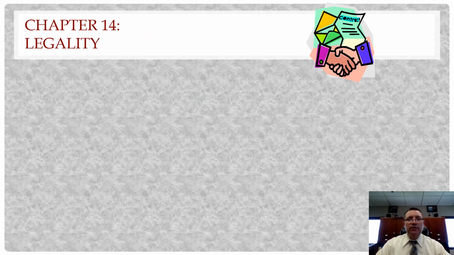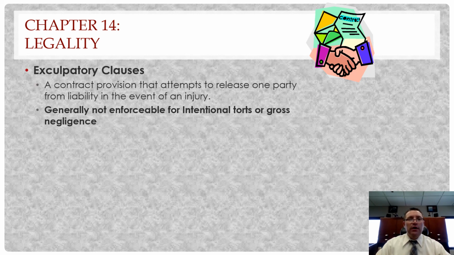Let's talk again, continuing on with legality here. Exculpatory clauses. A contract provision that attempts to release one party from liability in the event of an injury. Many of you may not, especially if you're a snow skier, you sign these every time you go up to the mountains. You agree not to hold the slope companies liable, right, for any injuries that you have.